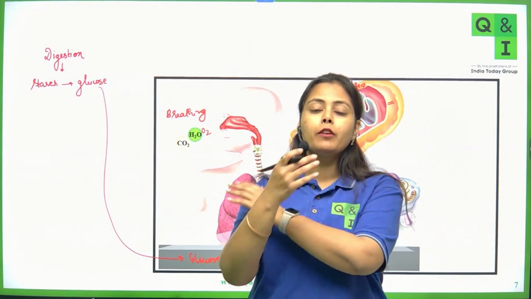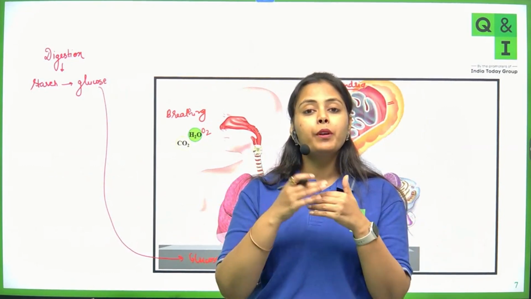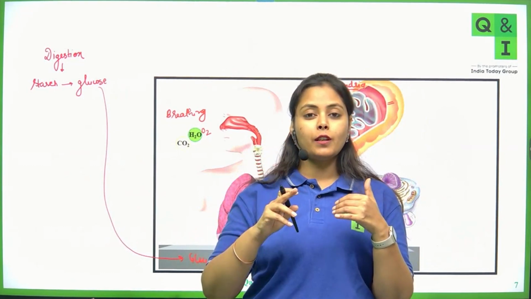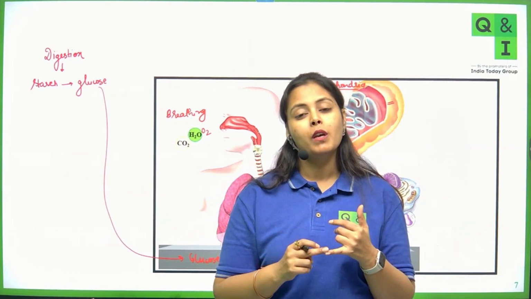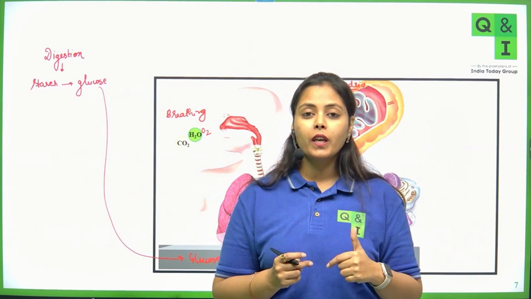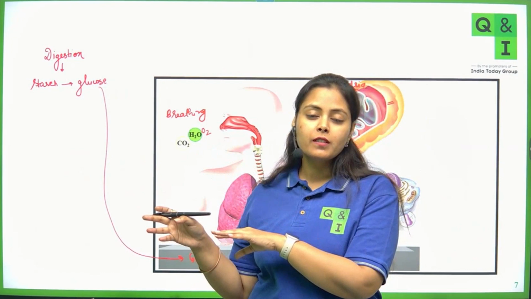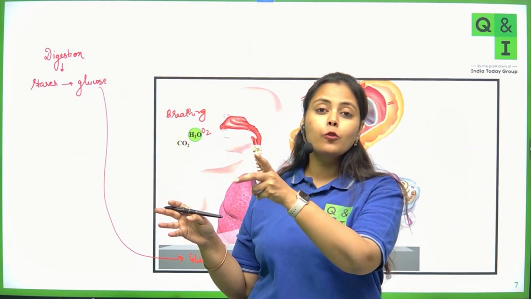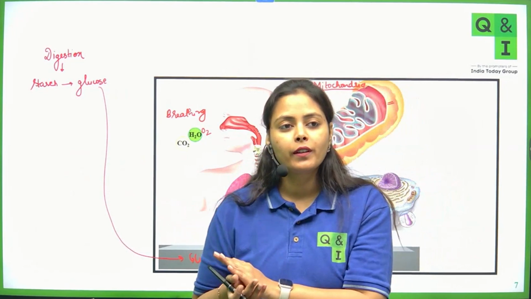From the blood, they are delivered to various cells of the body, and here cells finally break them down using oxygen. Where is this oxygen coming from? Oxygen comes from the respiratory system. Through the respiratory system, oxygen goes in, from the lungs it enters the blood, and blood delivers it to the various cells of the body. And finally, this glucose will be broken down in the presence of oxygen in the mitochondria. Clear?